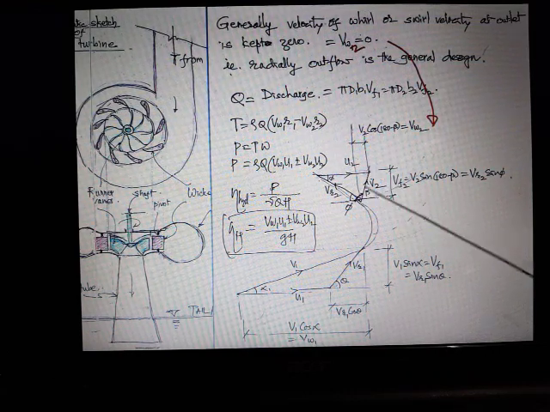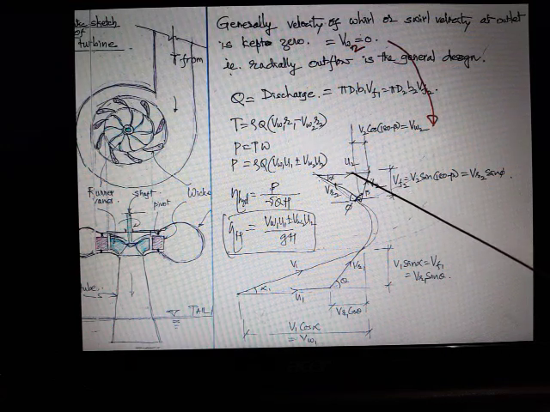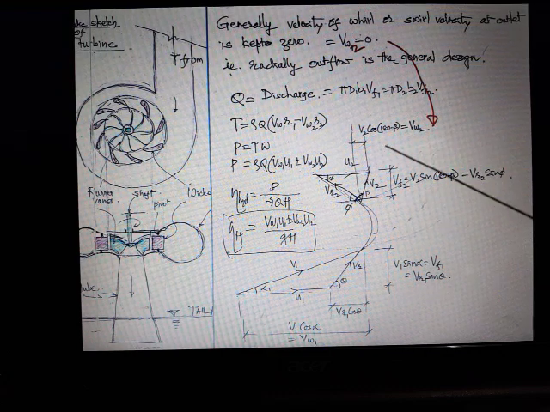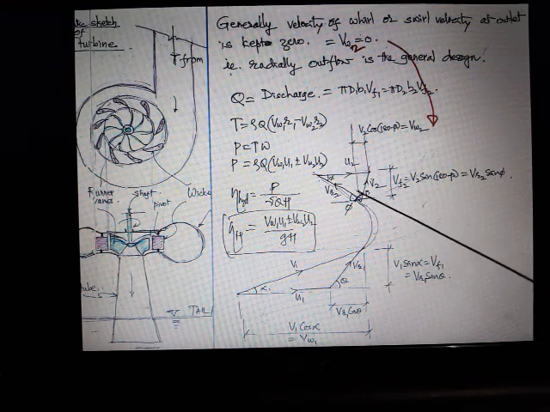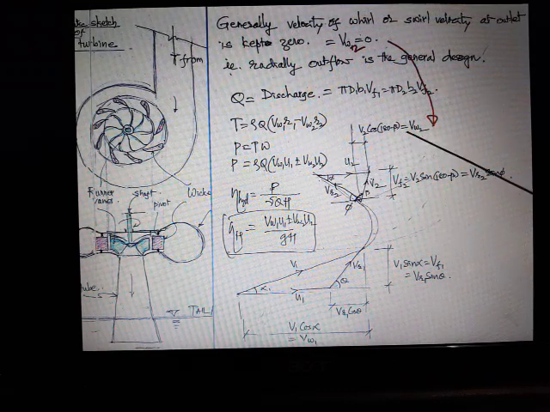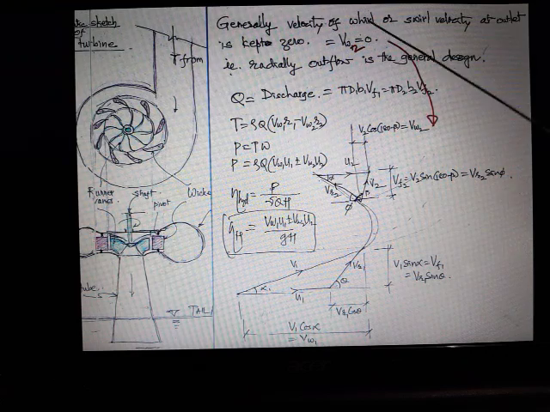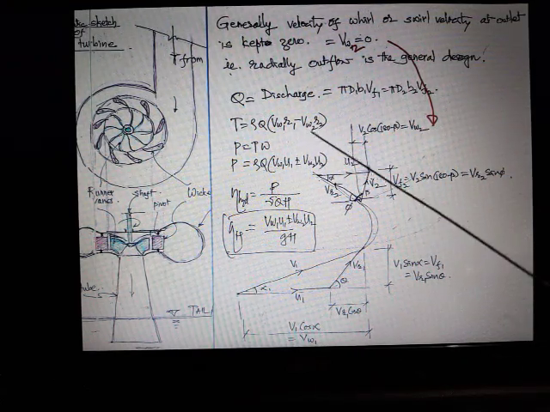The component of this absolute velocity in the direction of U is known as VW2, and this is made zero, in the sense that this V2 comes out radially. That is the general feature of the reaction turbines.